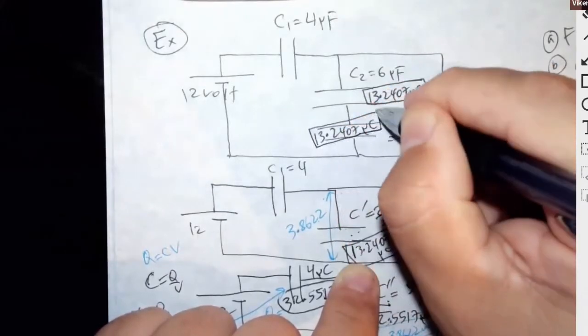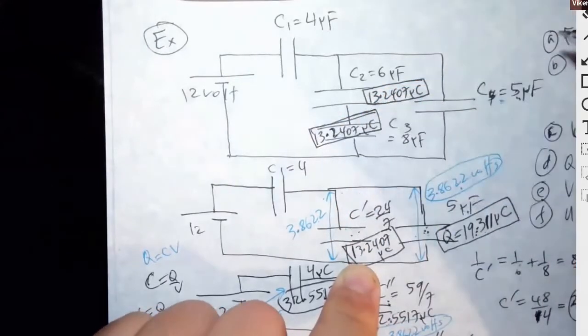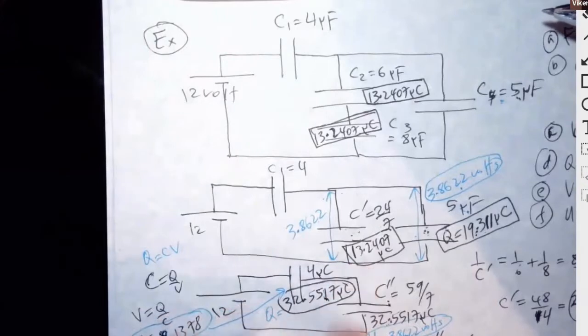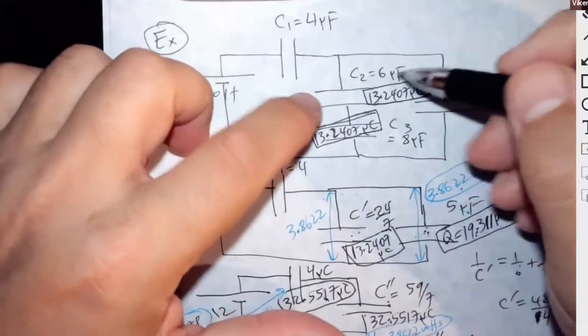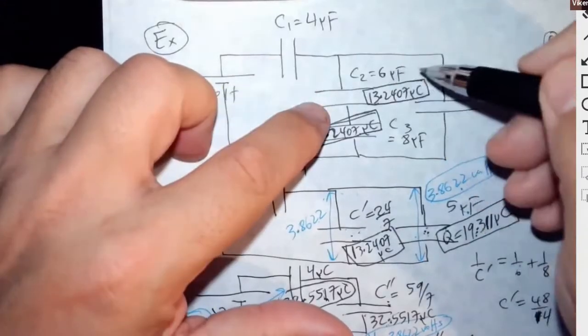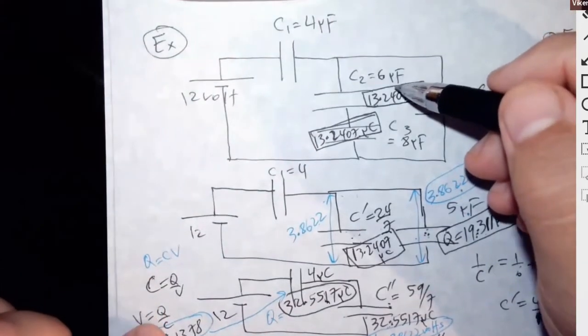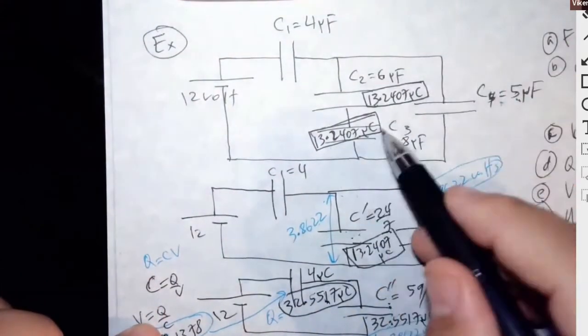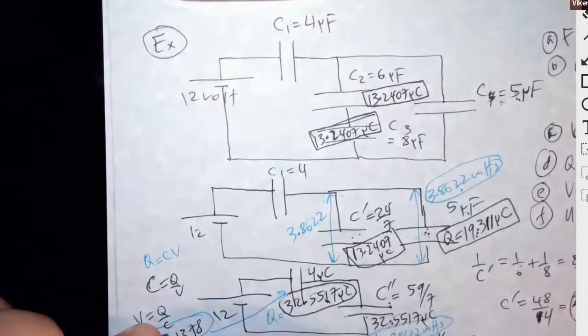microcoulombs. And now what are their voltages? We can find one of them, like let's say this one. So I could say voltage is charge over C. So then I could take its charge and divide it by that C. What was the C3?